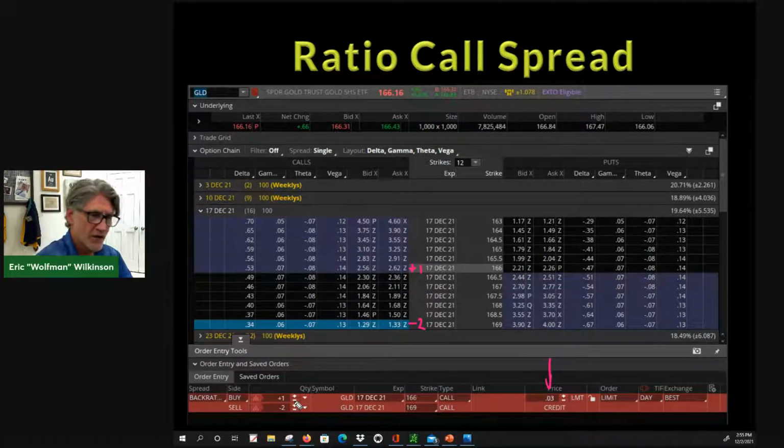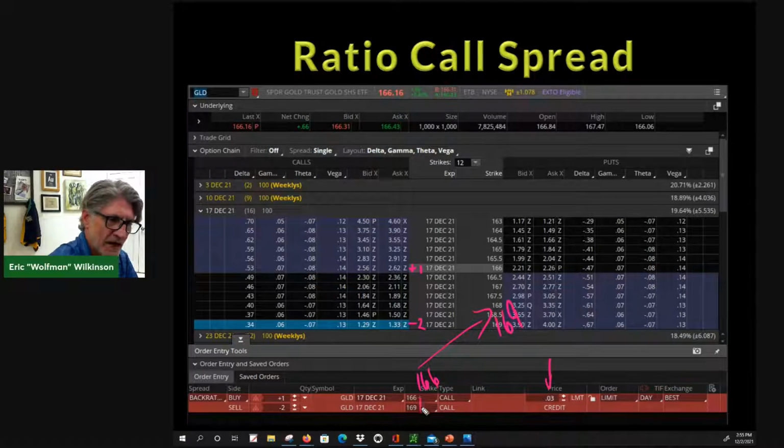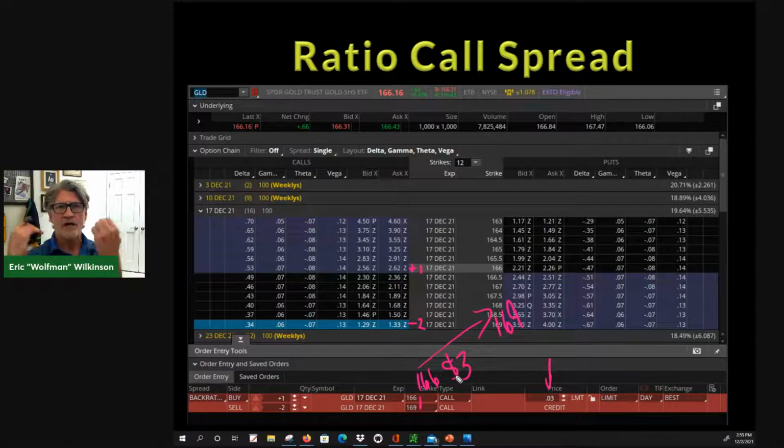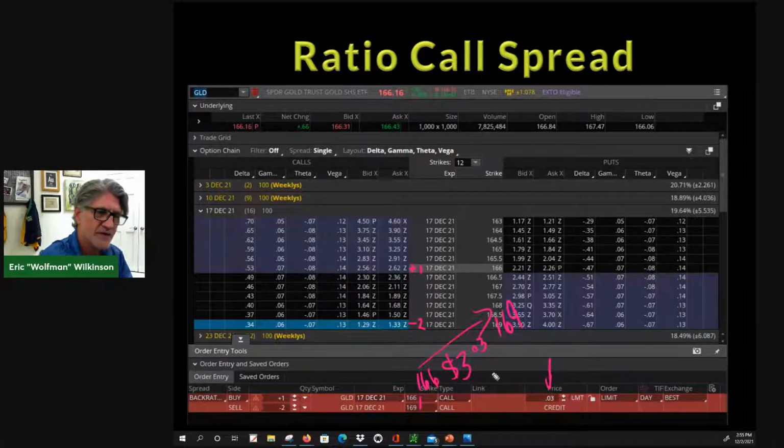So now when this underlying moves higher, if it goes higher from 166 to 169, this spread is worth $3, right? The full width of the spread. You buy the call, sell the call. The width of the spread is $3 because I didn't pay anything for it. I also have that 3 cents in there, so that's my max profit.